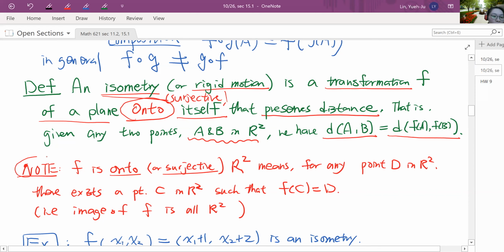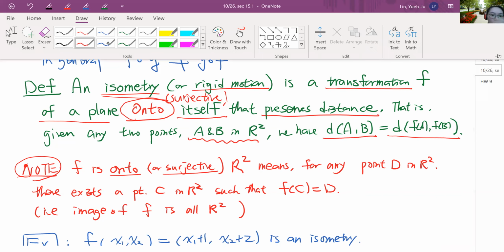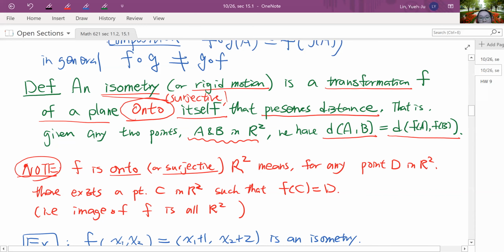So I put it as a note here. A map, or any function, is onto the whole R2, or surjective, same thing, means that for any point D in R2, you can find another point C such that f of C equals D.